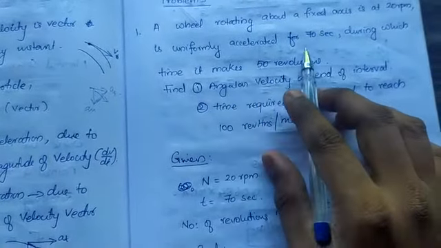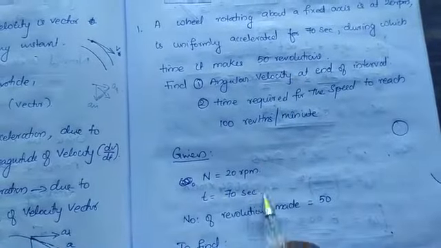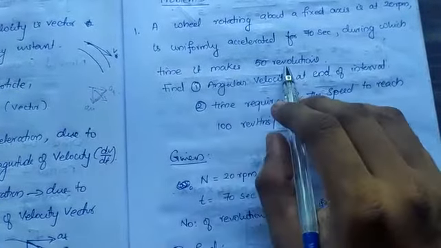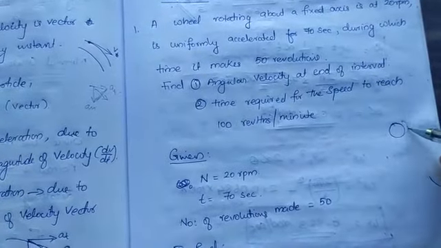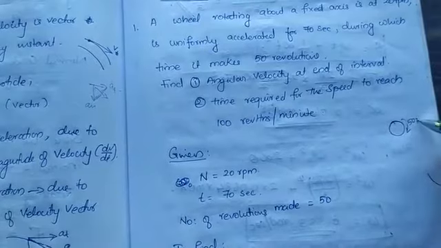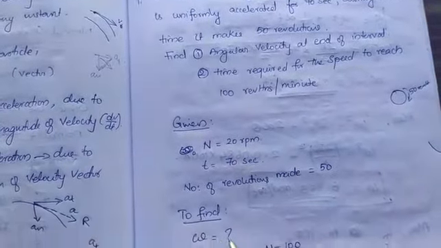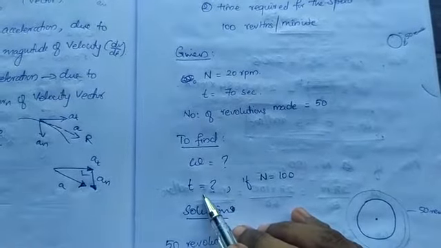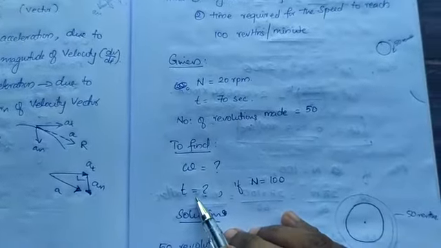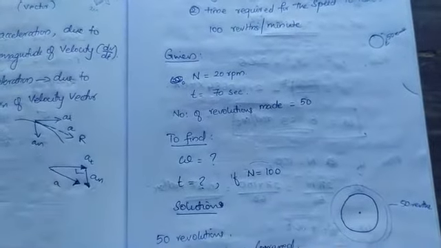And the time is 70 seconds, during which it makes 50 revolutions. You need to find the angular acceleration and the time taken to make n equal to 100.